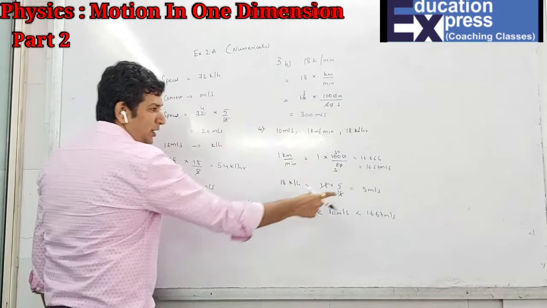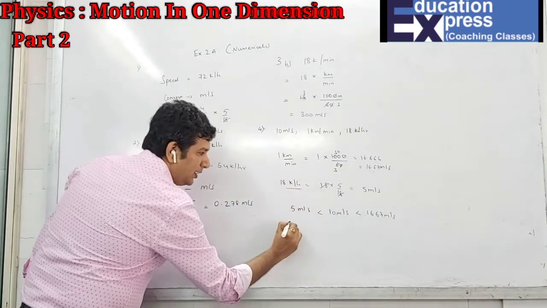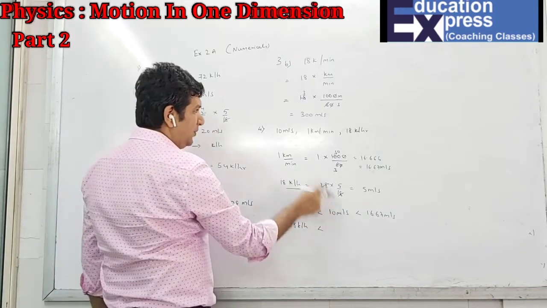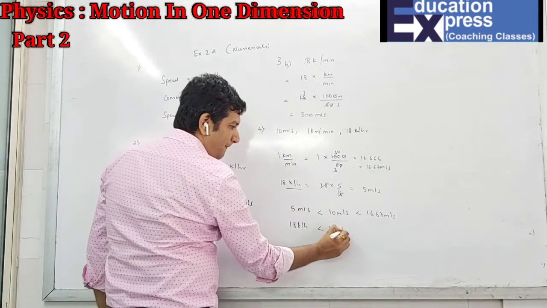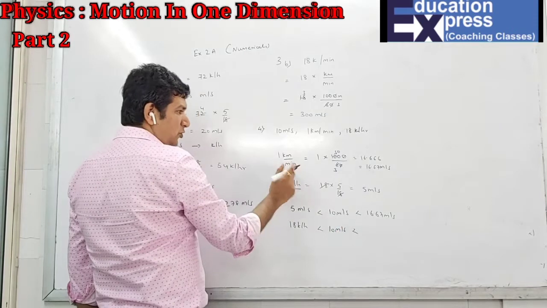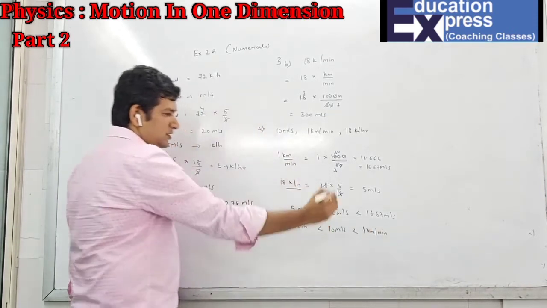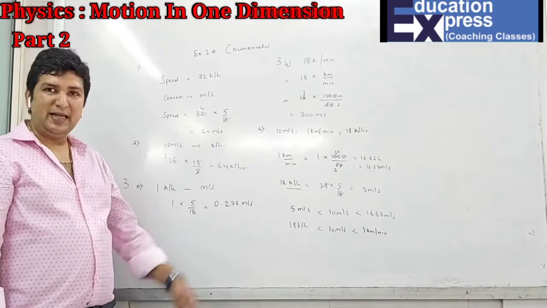The original value for the 5 meter per second is 18 kilometers per hour. Second is 10 meter per second, which originally was also 10. And 16.67 original was 1 kilometer per minute. So this is the increasing, or ascending, order.